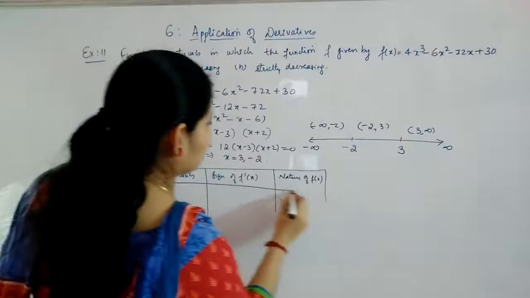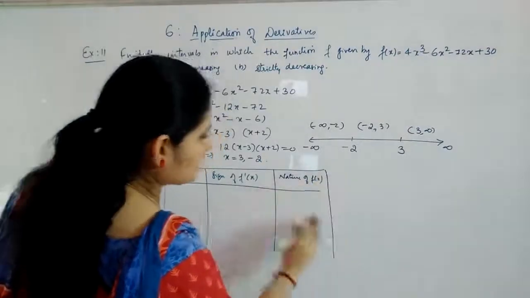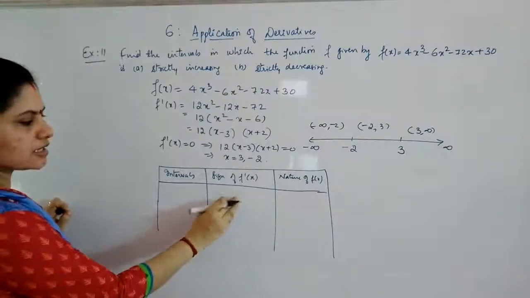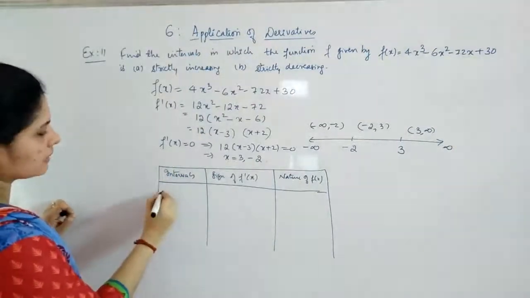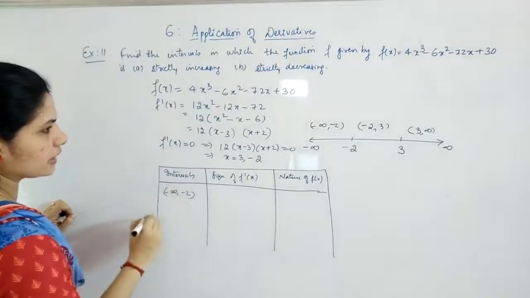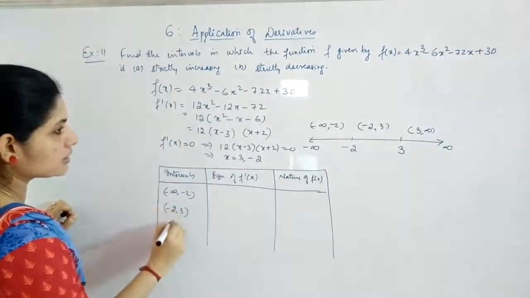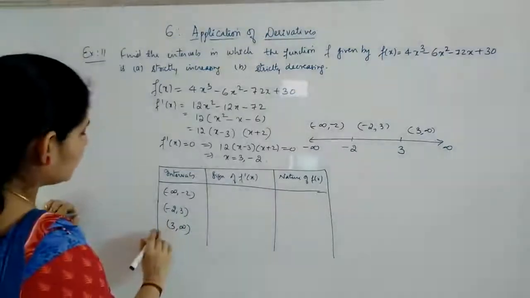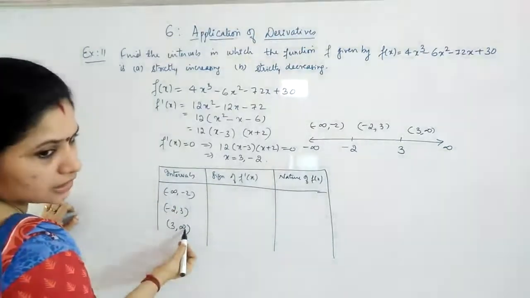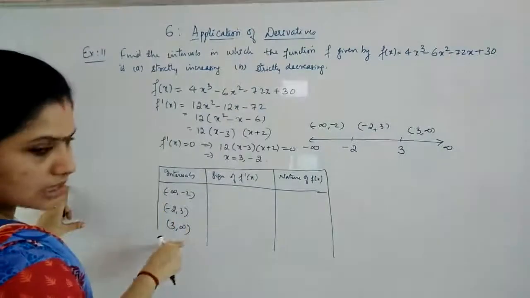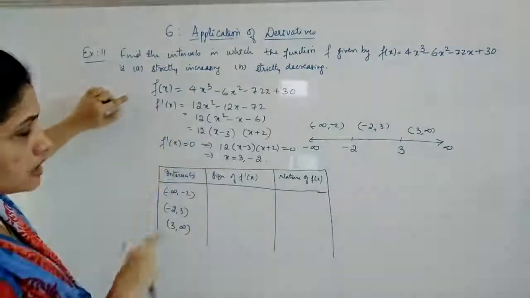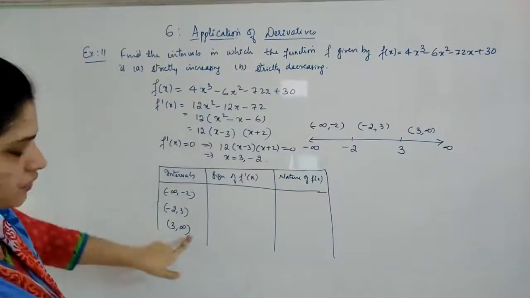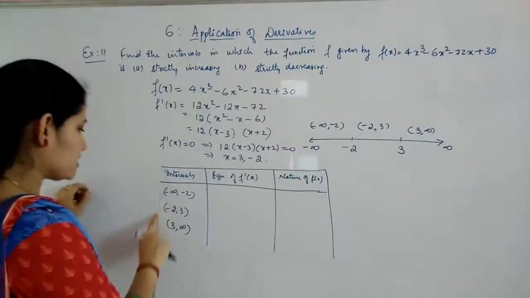That is whether it is increasing or decreasing will be written in this box, and here you will write whether f dash of x is greater than 0 or less than 0. So minus infinity to minus 2 is one interval, minus 2 to 3 another, and 3 to infinity the third. Since it is minus infinity and plus infinity, you will take only open intervals in these places. If in the question a closed interval is given where you have to check, then the ends will be closed.